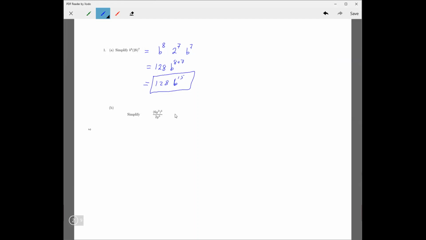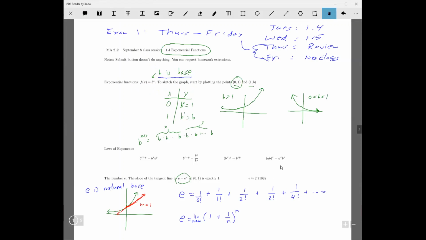Okay, let's go to the next one. For that one, I just used this property first, and then I used that property right here. Except I had this, and I went from here to here.